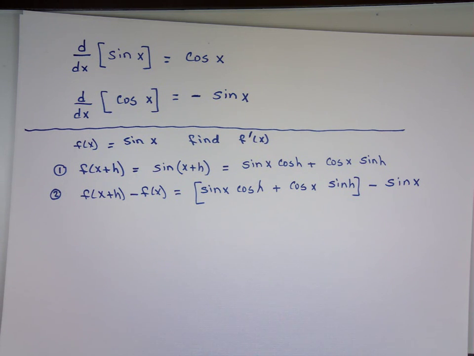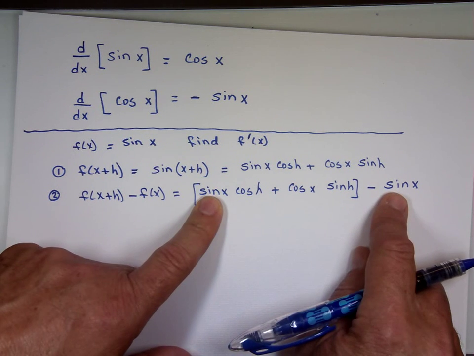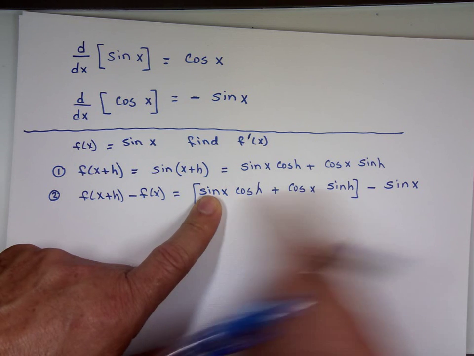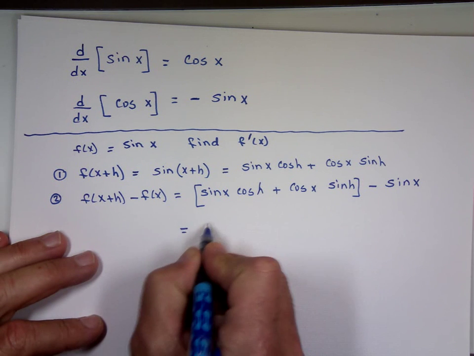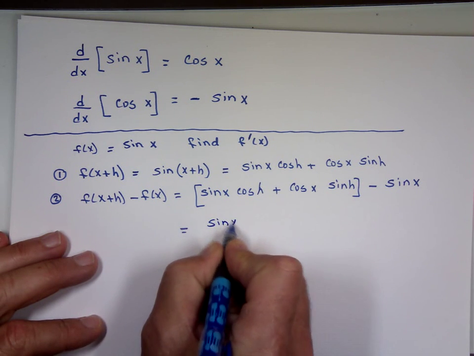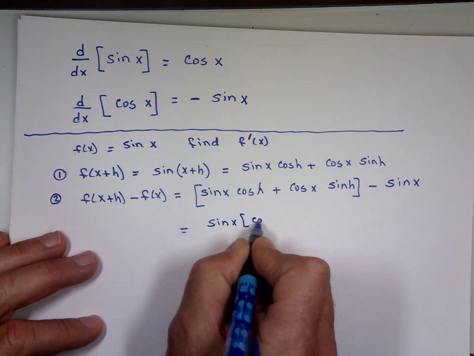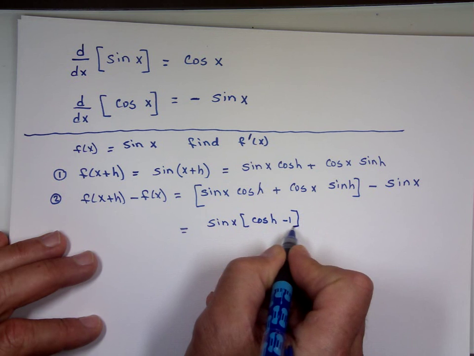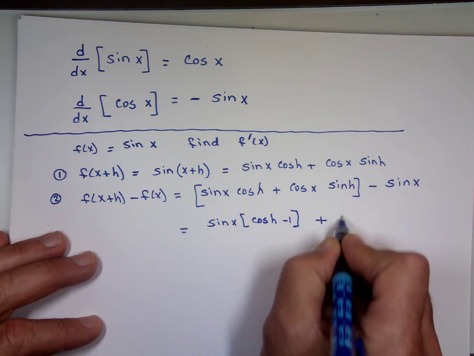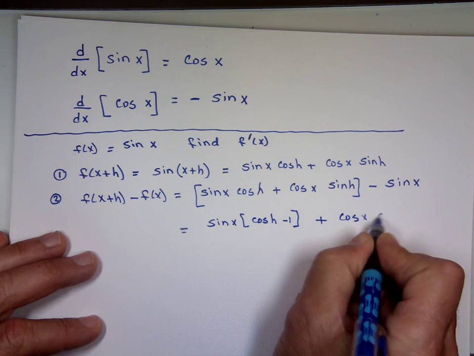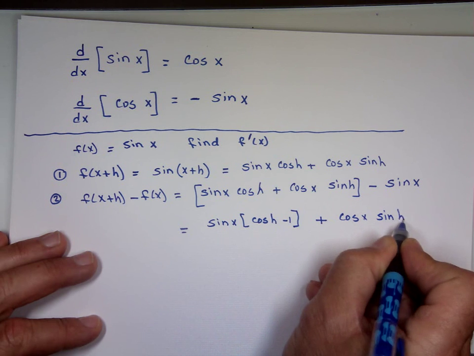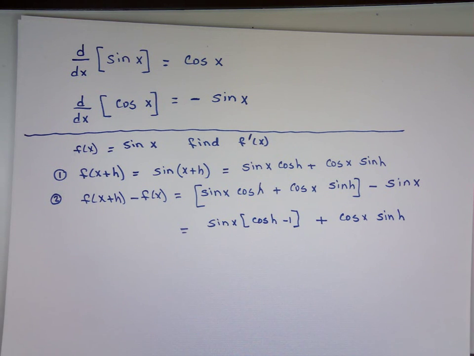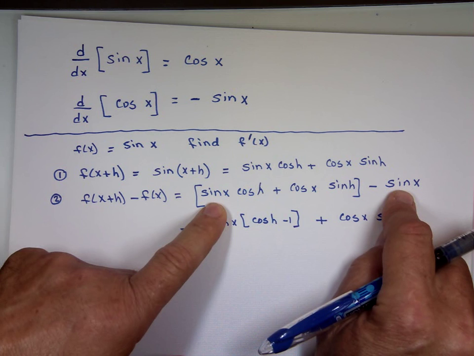The only thing I can do at this point is factor sine of x out of these two. If I factor sine of x out of these two, I'm going to have what? Sine of x times what? Cosine of h minus 1 plus cosine of x sine of h. So I took these two and I factored sine of x out of them.